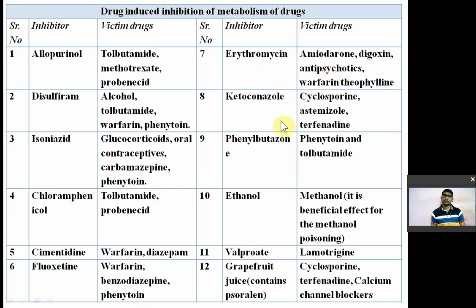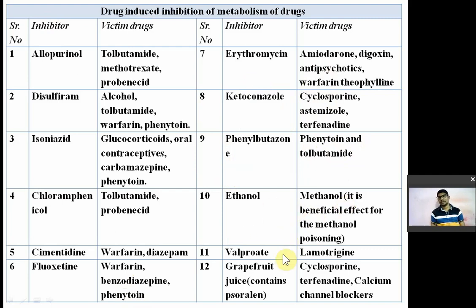Ketoconazole is a powerful enzyme inhibitor. A question has been asked about it already. It is an enzyme inhibitor. So it will decrease the metabolism of cyclosporine, astemizole and terfenadine. Phenylbutazone is again an enzyme inhibitor. It will decrease the metabolism of phenytoin and tolbutamide. Ethanol is an enzyme inhibitor and it will decrease the metabolism of methanol.